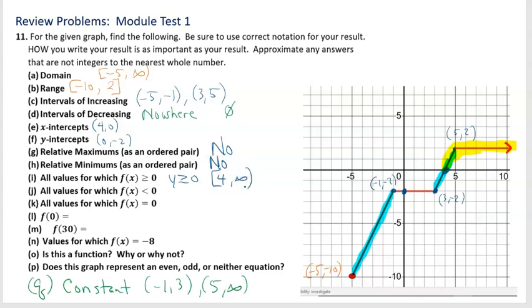What about f of x less than 0? Okay, let me just erase a lot of this. If I erase and highlight that for you, less than 0 is right there. All that highlighted is less than 0, so that means all that is below the x-axis, which means really y is less than 0.